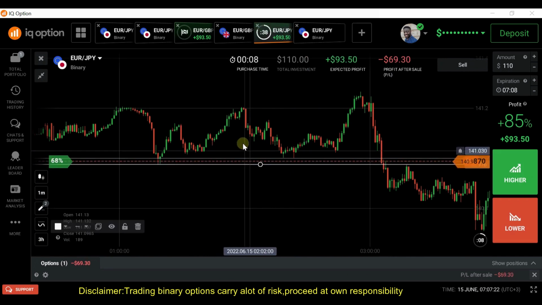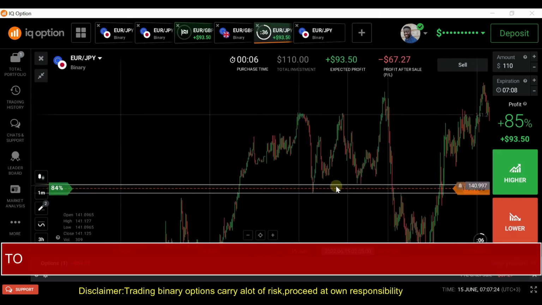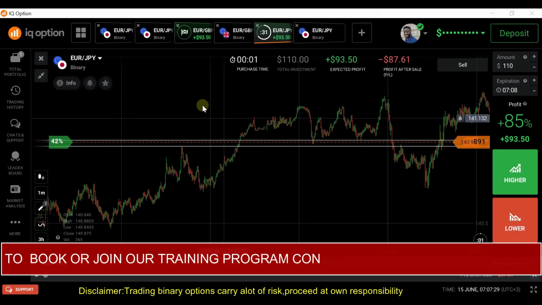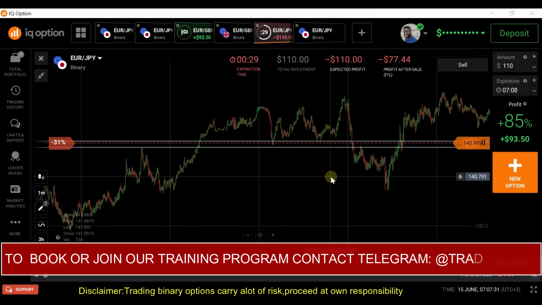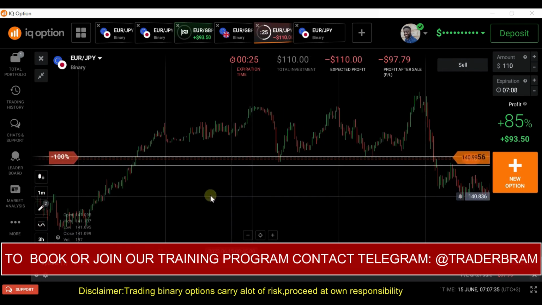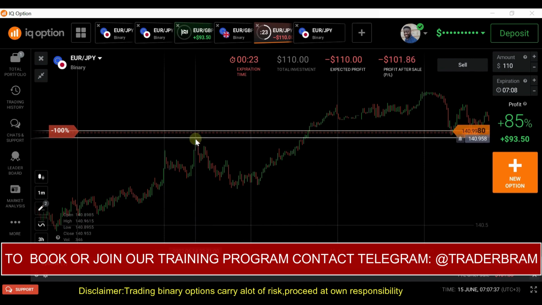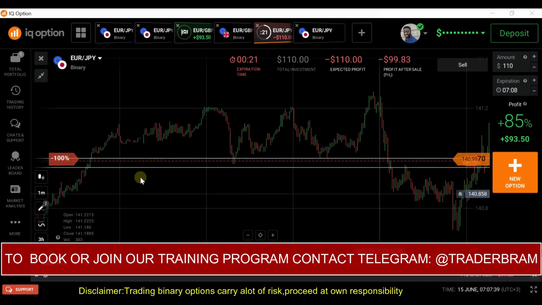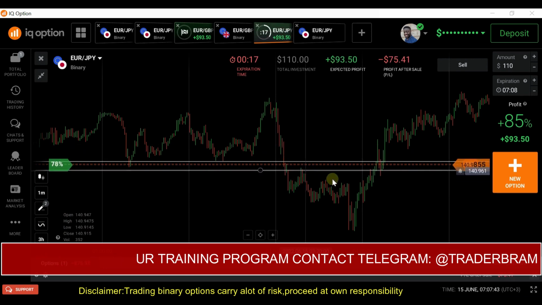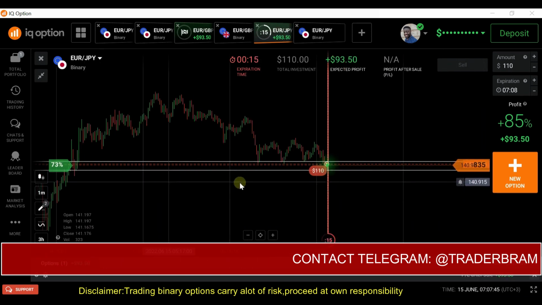So that's the best entry point I can get. So I'm adjusting the level just to touch as many areas as I can. So this is a level. The market got a rejection from the same area. It was broken, acted as a support. Again, it was broken, it acted as a resistance.